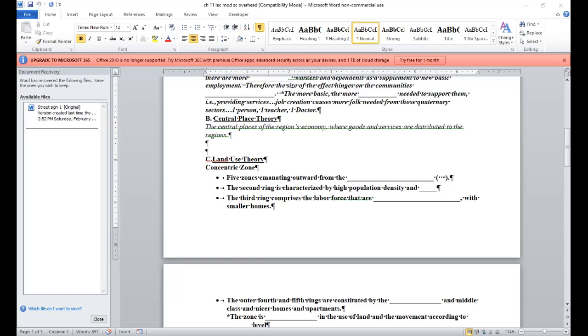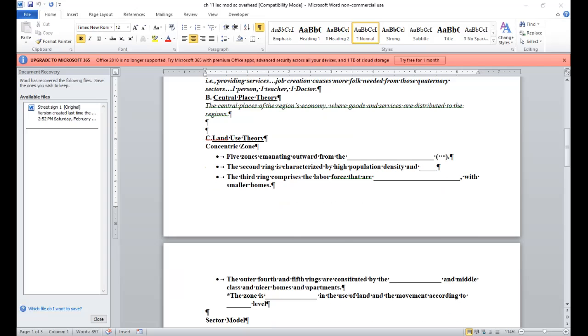The second ring is characterized by high population density and slums. The third ring comprises the labor force that are lower to middle class with smaller homes. The outer fourth and fifth rings are constituted by the upper classes and middle class. And there you have your nicer homes and apartments.